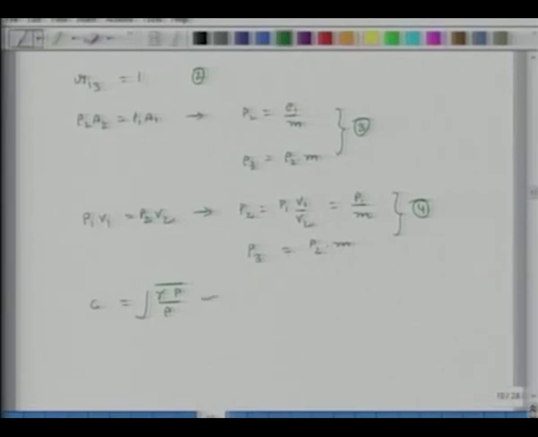C is square root of gamma P over rho. So if I use this relation in conjunction with 3 and 4, what I get is R13 equals 1, R23 equals m, R12 equals 1 over m.